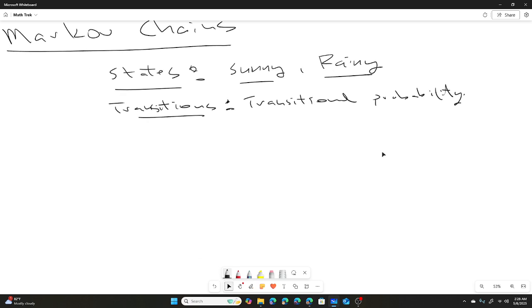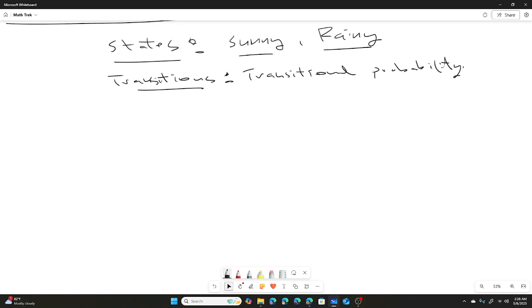Now consider the following. Suppose that today is sunny, and then there's another state called rainy. If today is sunny, what is the probability that tomorrow will be sunny?